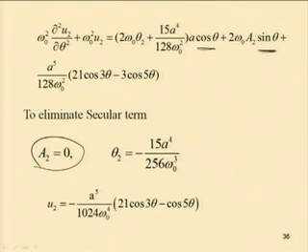Now, similarly, killing the coefficient of the cos theta term, that is 2 omega 0 theta 2 plus 15 a fourth by 128 omega 0 square, we can put this term equal to 0. By substituting, this theta 2 becomes minus 15 a fourth by 256.